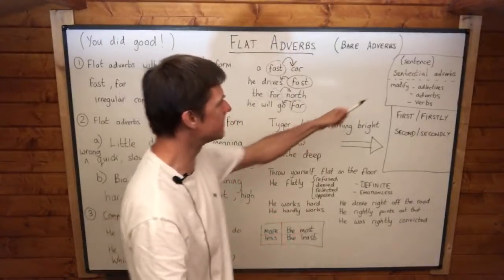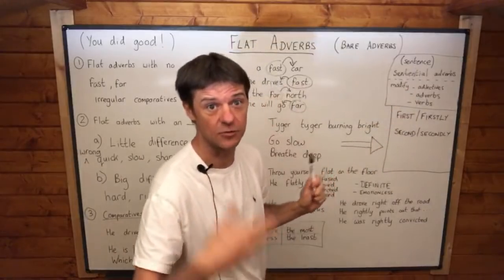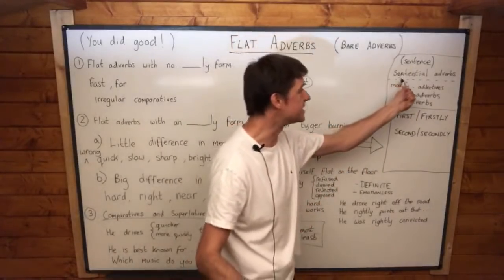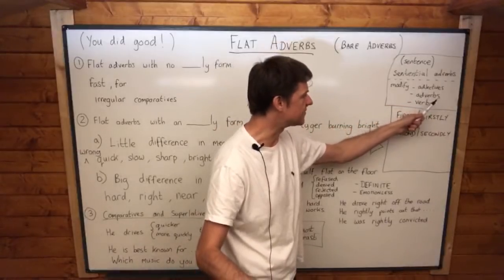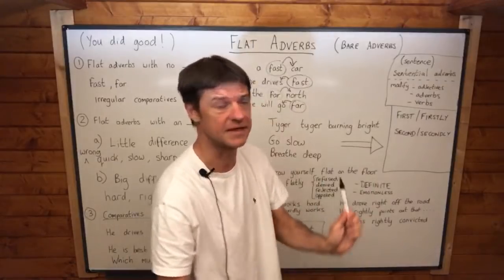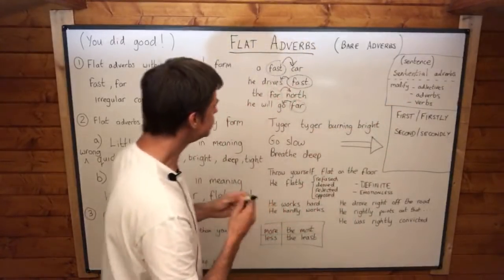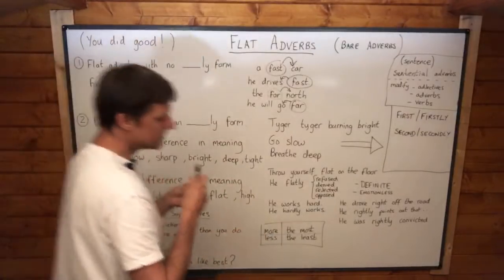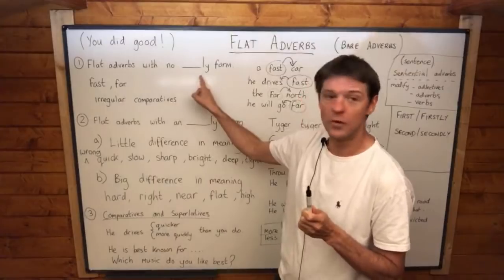Do remember that adverbs can modify whole sentences, in which case we call them sentence adverbs or sentential adverbs, or they modify adjectives, adverbs or verbs. And remember, modify just means describe. That's all it means. So they could describe an adjective, an adverb or a verb. The easiest ones to talk about are the flat adverbs with no ly form.